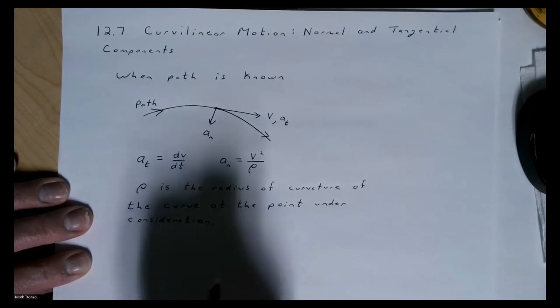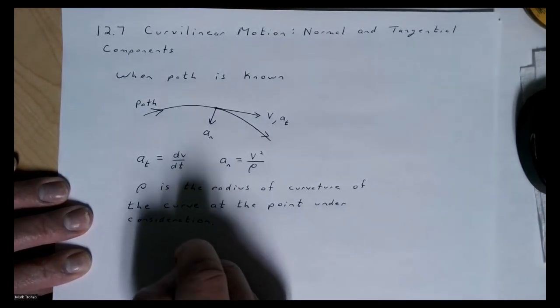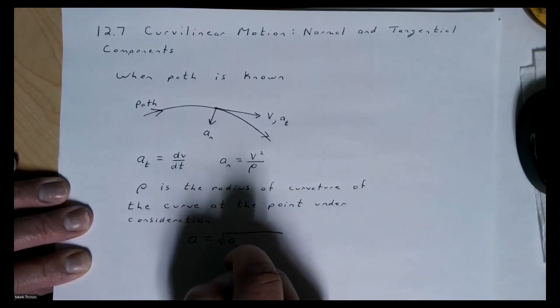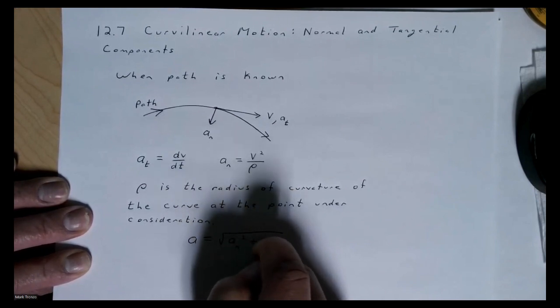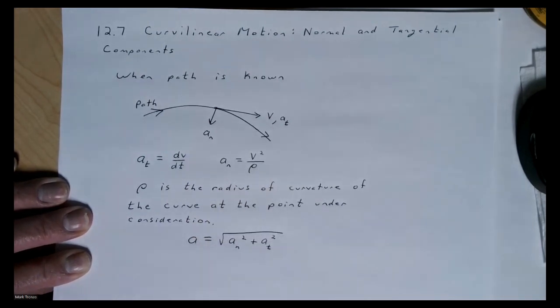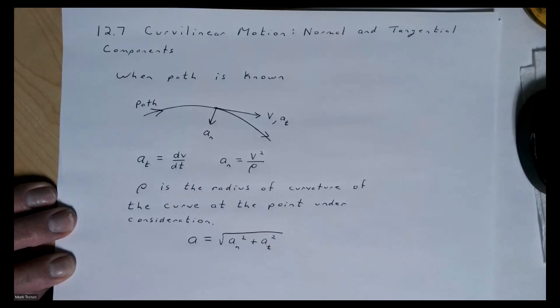And then, as usual, the acceleration can be calculated by taking the square root of the sum of the squares of the normal and tangential components.